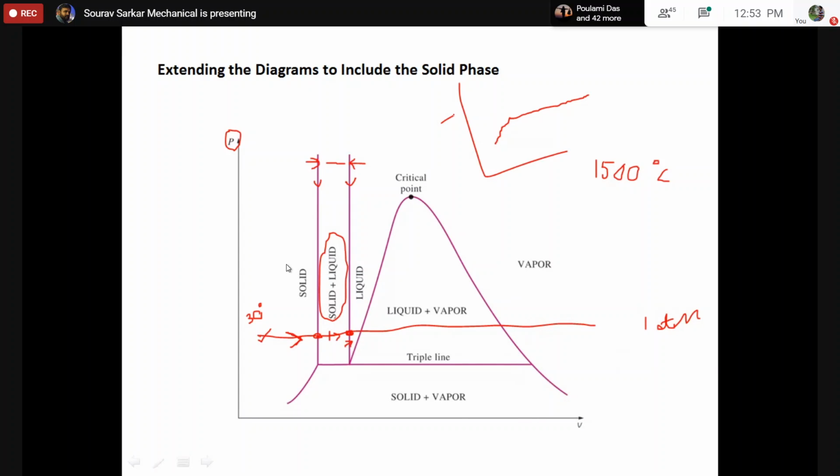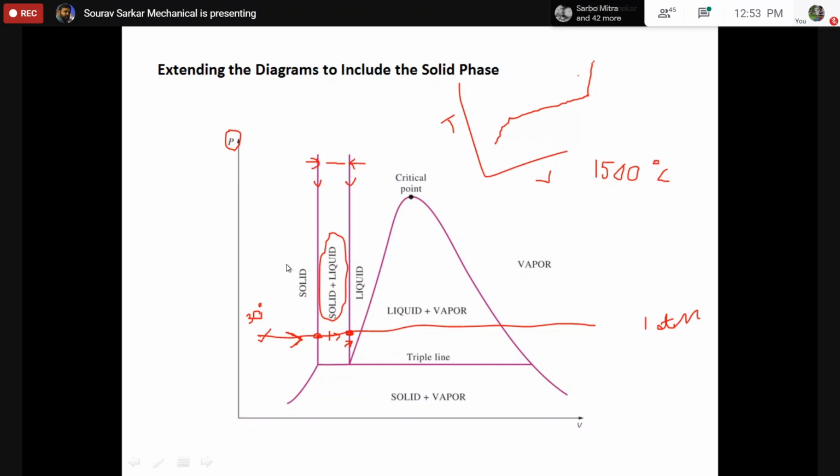If this is my temperature and this is my volume, if we start to heat it, initially it is the solid heating part, then it is the melting part. After that, what will happen? It will again start to heat due to the sensible heating of the liquid phase.